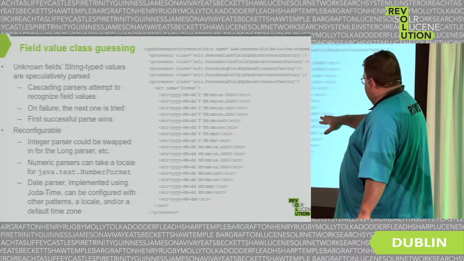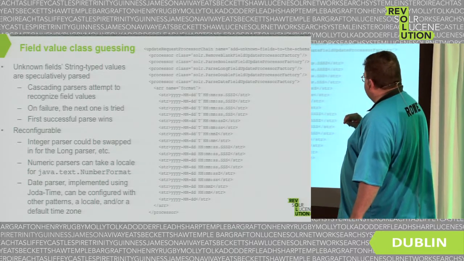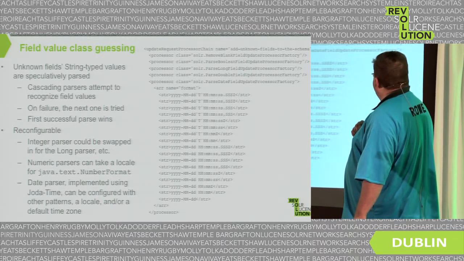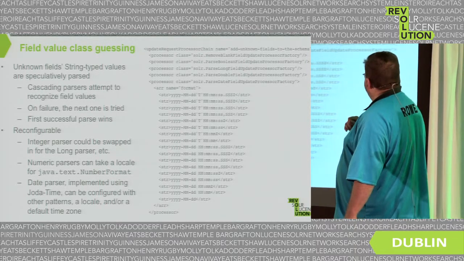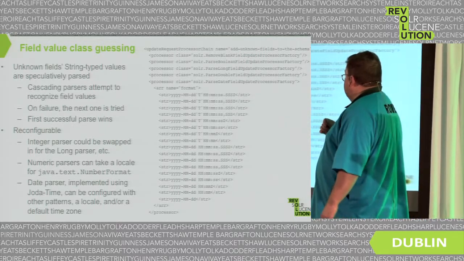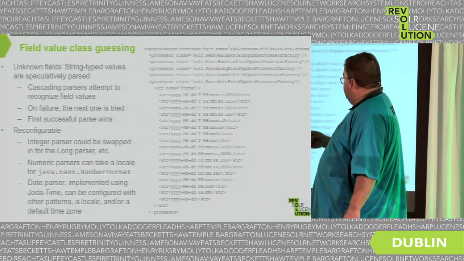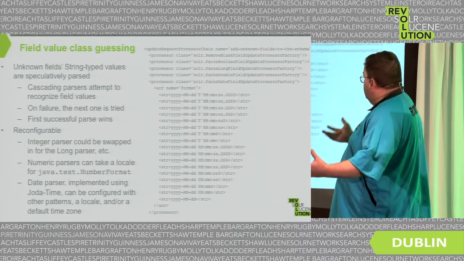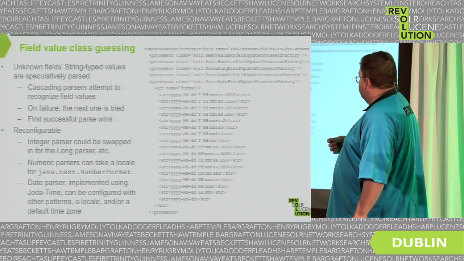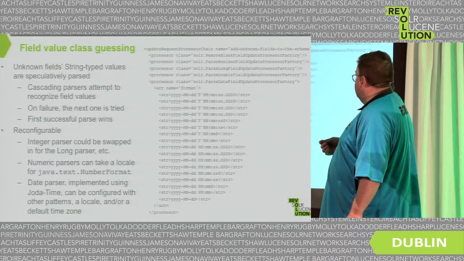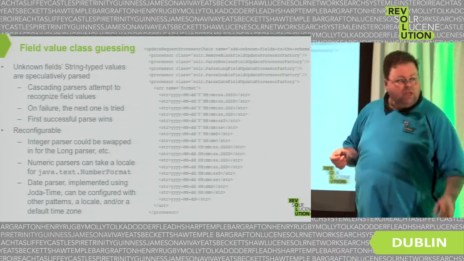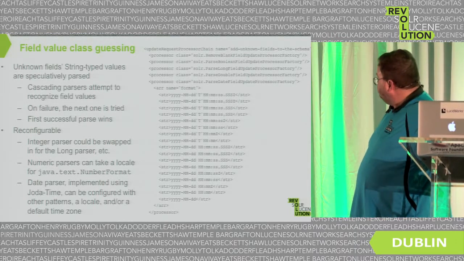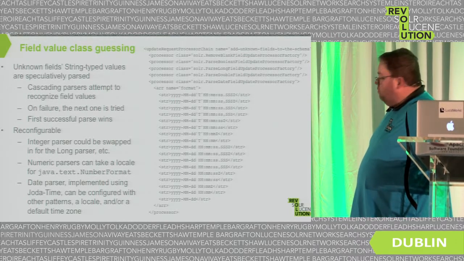If you supply a locale to, for example, the double field update processor, it can parse those directly instead of having to convert them first into a standard floating point format. Similarly, the date parser can take a locale and a default time zone.